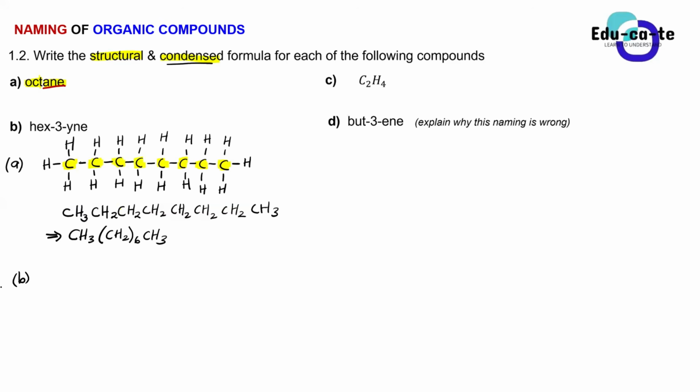Well, it's kind of tricky, but I just separated carbon, 2 carbons, and after that I substituted hydrogen. While we are doing B, hex-3-yne, you are given the name hex-3-yne, and they say, write the structural and the condensed formula.